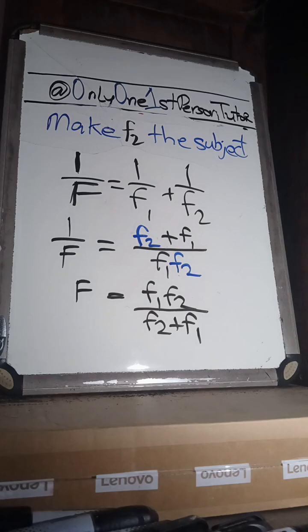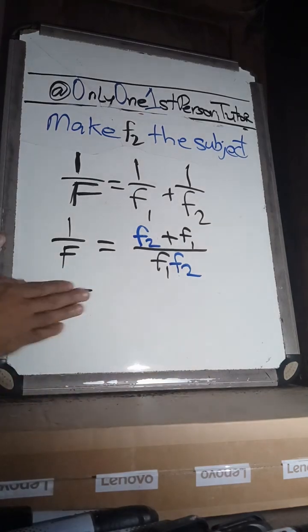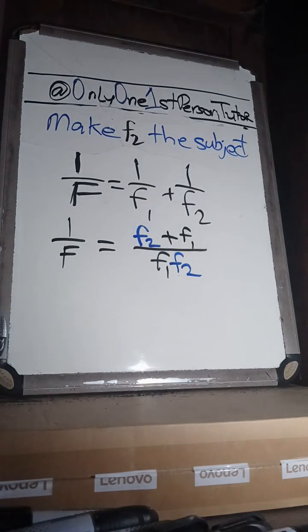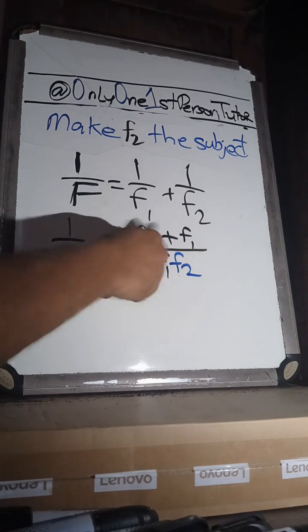Alright? So let me get rid of that, because that's not going to help now. So what we can do is cross multiply.